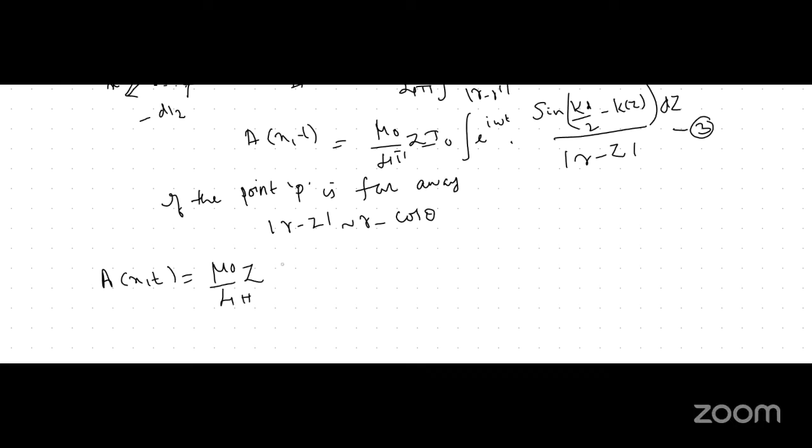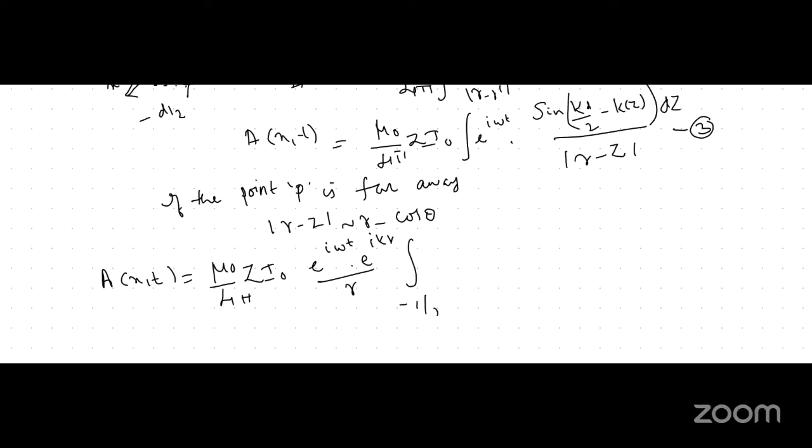That exponential term we can take outside, so that it will be exponential of i omega t into exponential of i k dot r by r, and the limits are from minus l/2 to plus l/2.